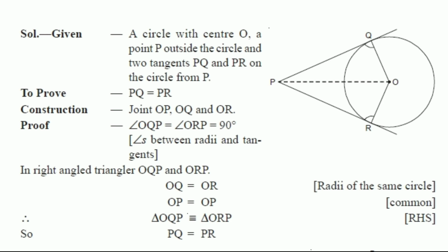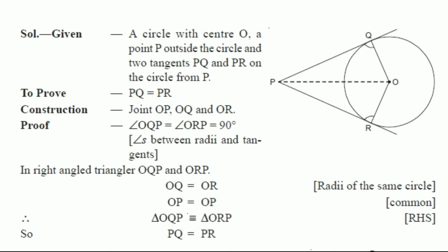Our plan to prove the theorem is to make these two triangles congruent, and the congruency will give these two parts equal by CPCT. So let us proceed. These two angles are 90 degrees. Therefore, in right angle triangles OQP and ORP, we have OQ equal to OR. Why? Because both are radii, equal in length.